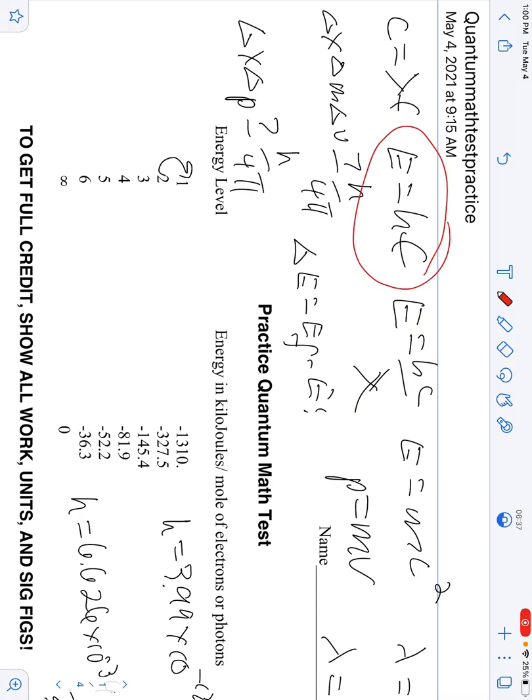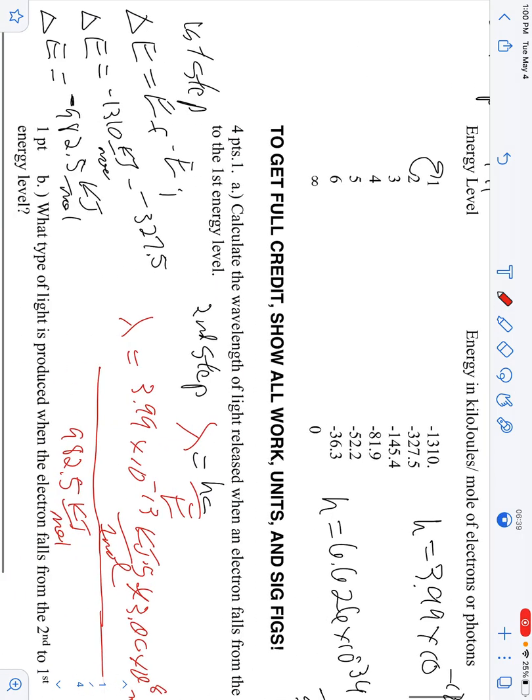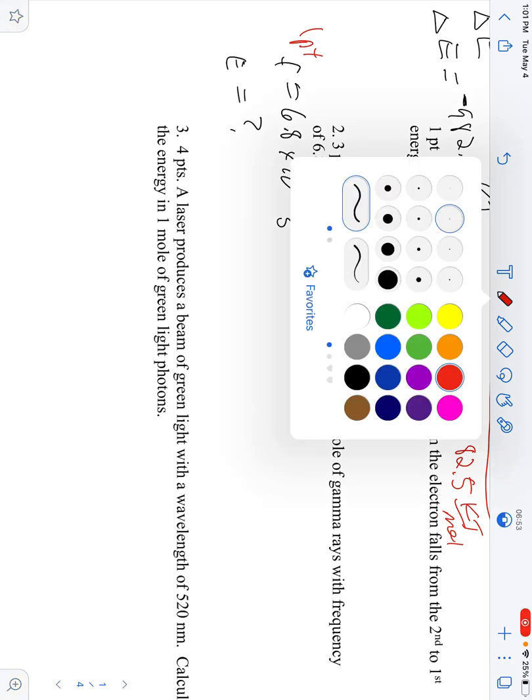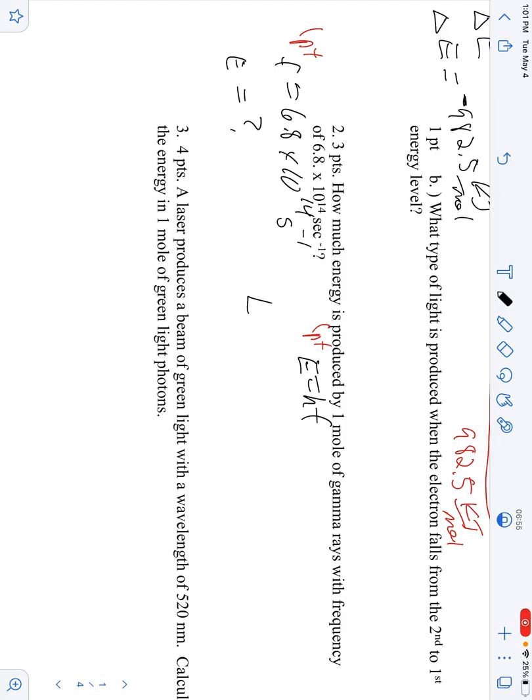Okay? So again, the reason why I have you write down all the info is because it helps you pick the correct equation. Now, I don't have to do any algebra because I'm solving for E and it's already solved for E. So that means I can just plug in the numbers.